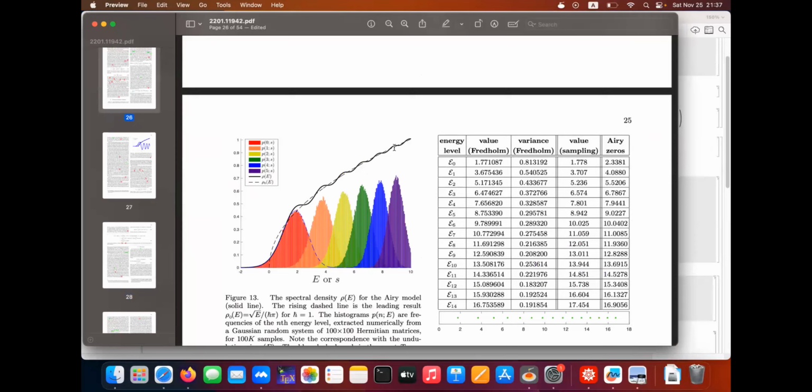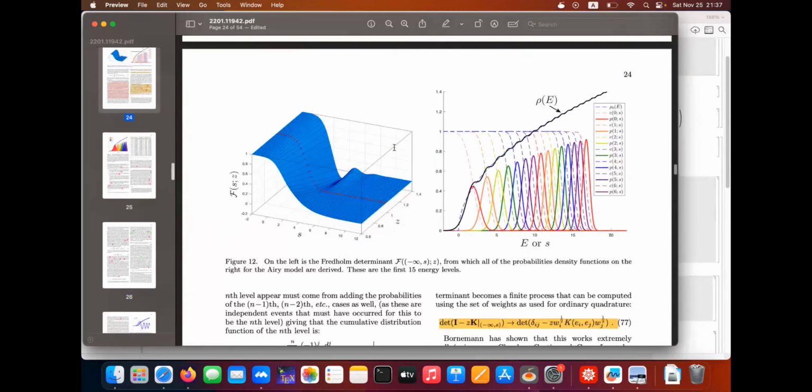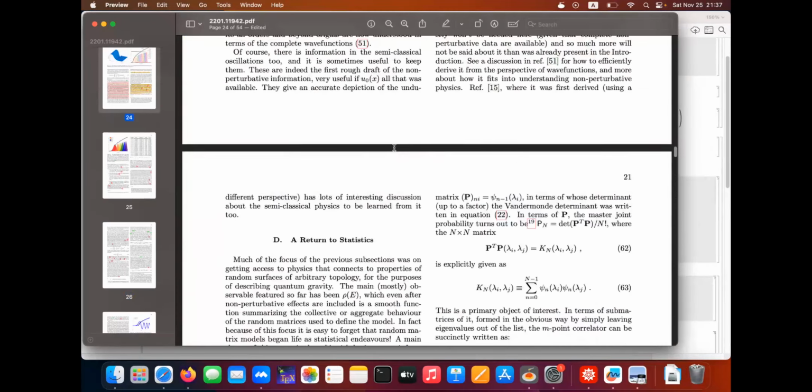Then it is a random matrix, so that we can define the orthogonal polynomials. If you can find the orthogonal polynomials, then in principle you can solve any question about the random matrix system. This is the key point of this paper.